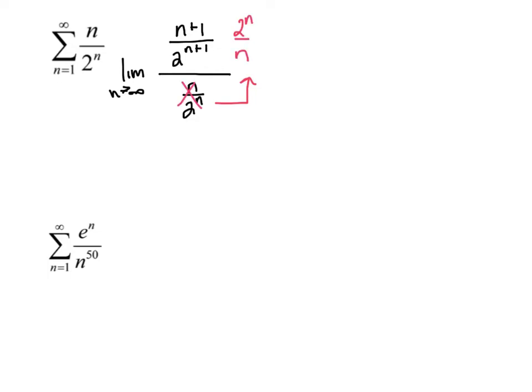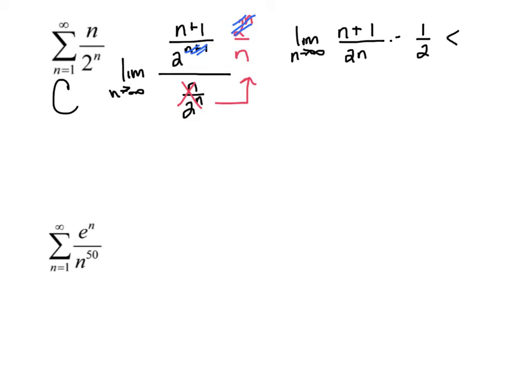Well, 2 to the n divided by 2 to the n plus 1, this cancels with all but one of the 2's in the denominator. So what we have left on top is n plus 1, and what we have left in the denominator is 2n, and the limit as n approaches infinity, same power on top and bottom, so it's 1/2. Well, 1/2 is less than 1, so this converges.